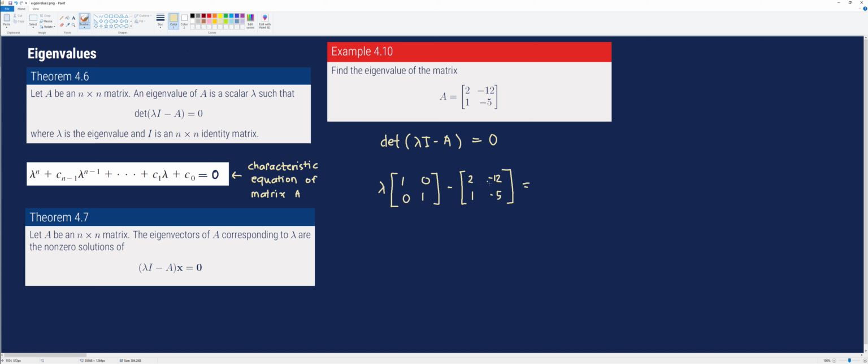So this is equal to lambda minus 2, and this one will become positive 12 because negative times negative is positive. Then lambda times 0, so this will become negative 1, whereas this one is lambda plus 5.